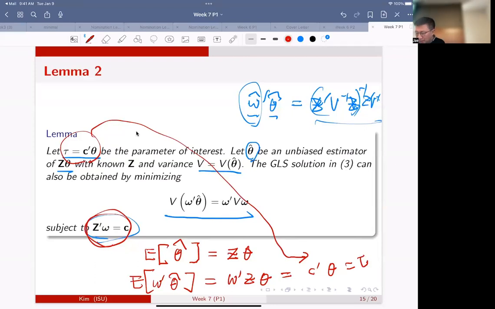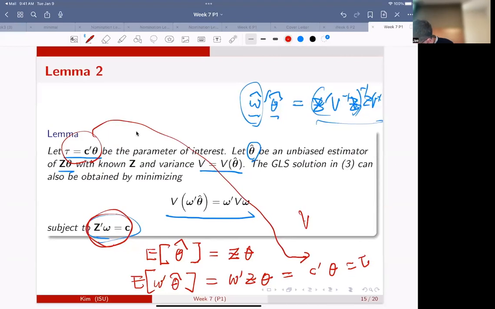So this should hold for all theta, which means you can cancel it, and so omega prime Z equals C prime, which is this. So this is just another way of writing the GLS, but written in a way that is easy to understand in terms of the weights. The optimization is written in the language of weights.